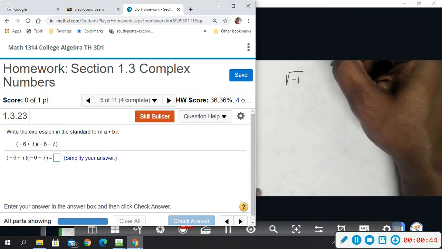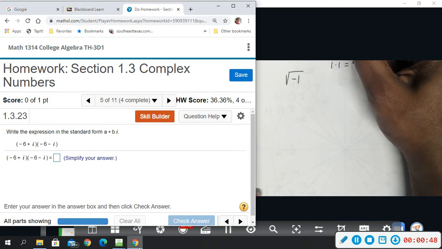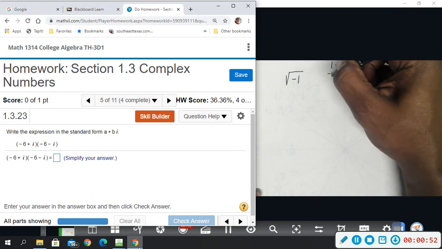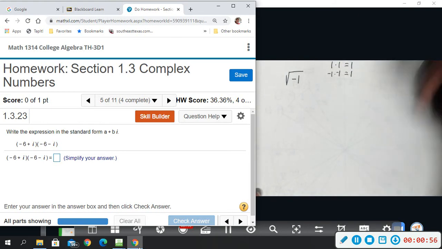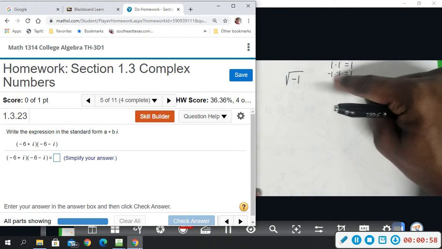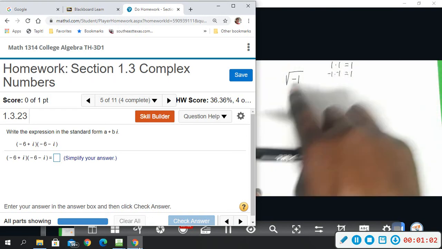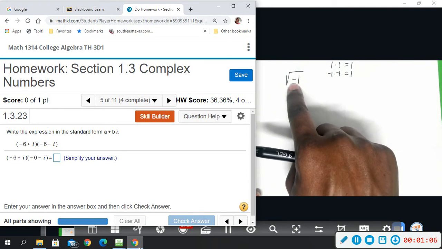Well, if I had +1 times +1, that would give us 1. And then if I did -1 times -1, I would still end up with a +1. Either case, if I'm multiplying a number times itself, it's going to end up positive. So there's no way that I can multiply the same number times itself and get a negative.